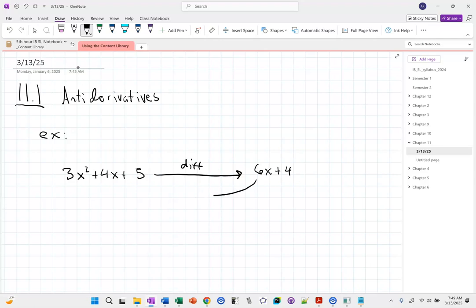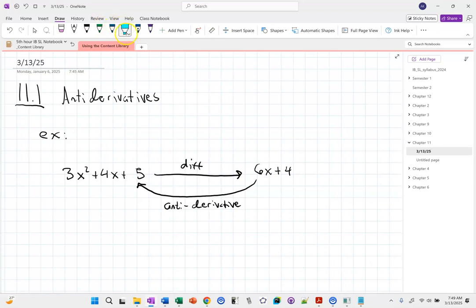And what we want to do then is find out a rule that would take 6x plus 4 back to 3x squared plus 4x plus 5.